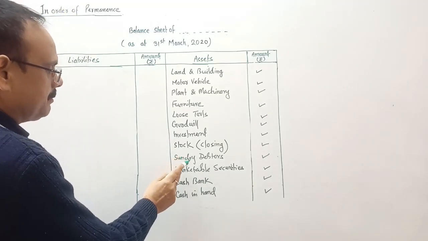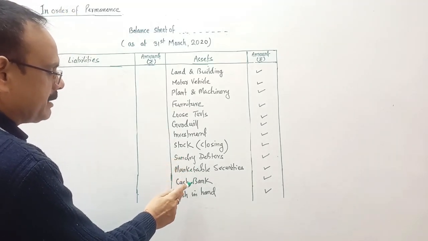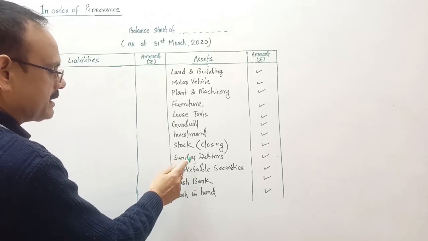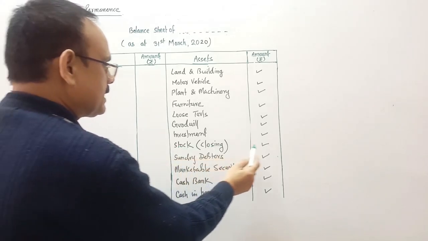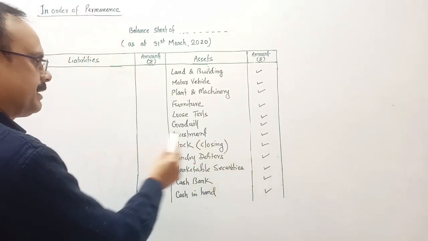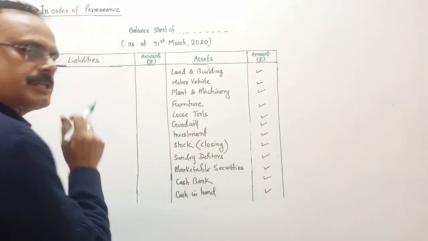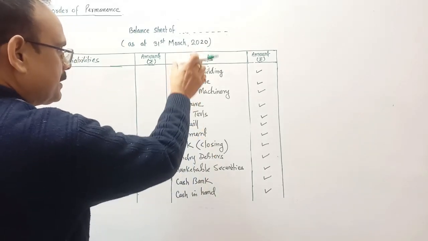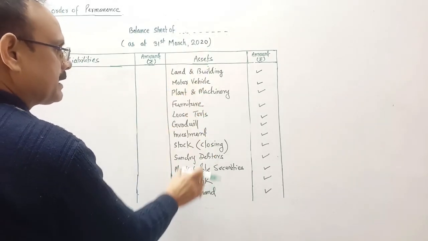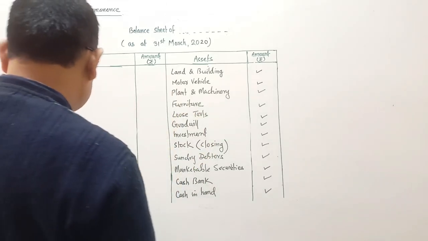Sundry debtors, marketable securities, cash at bank and cash in hand are current as well as liquid assets. Stock is a current asset but not a liquid asset. Investment means it's a long-term investment, non-current. So investment comes in between the fixed assets and current assets.